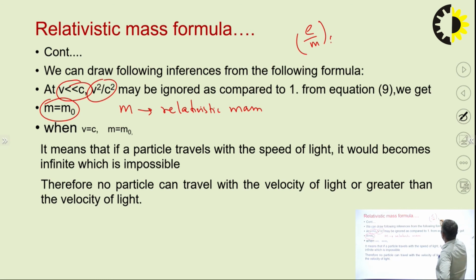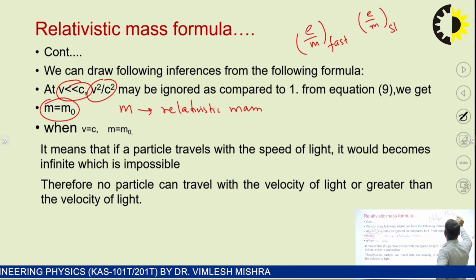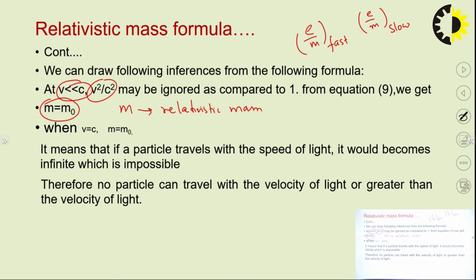If we take two kinds of electron beam, one slow and one fast, then e by m for the fast beam and e by m for the slow beam will not be equal, because in the case of the fast beam, m fast will be higher than m slow.